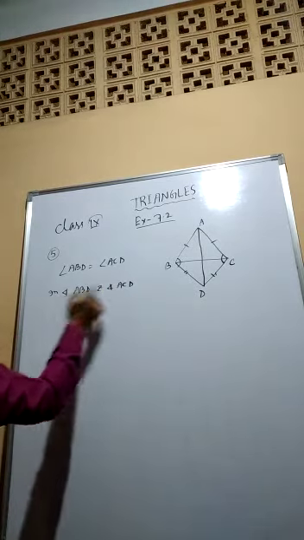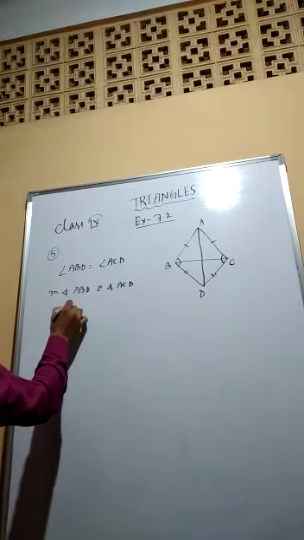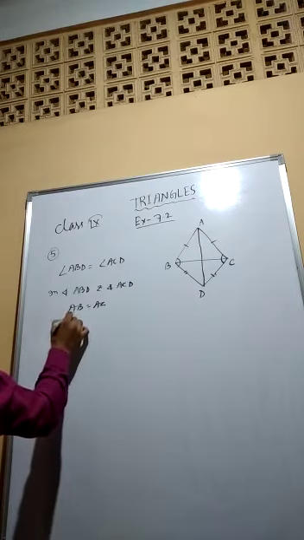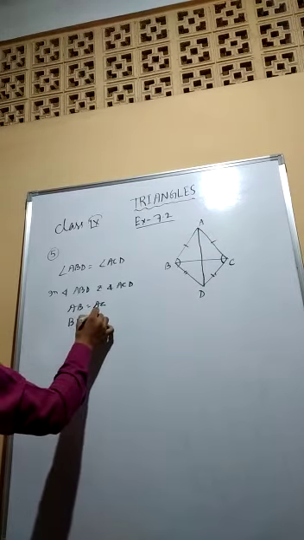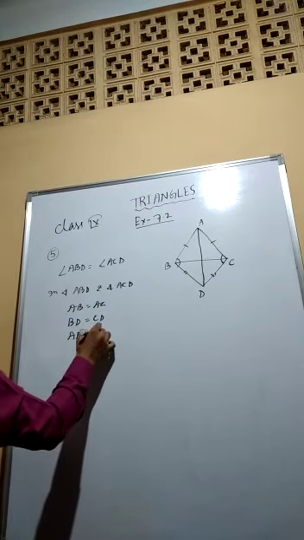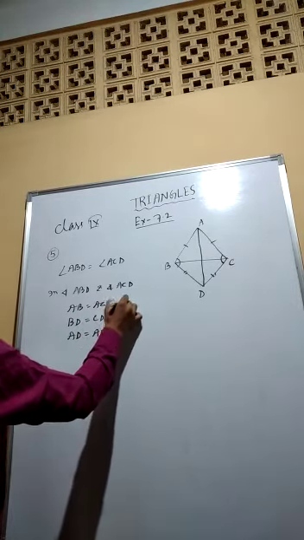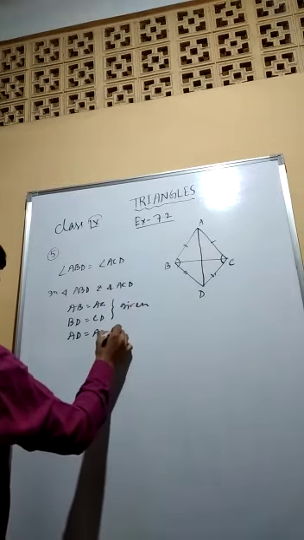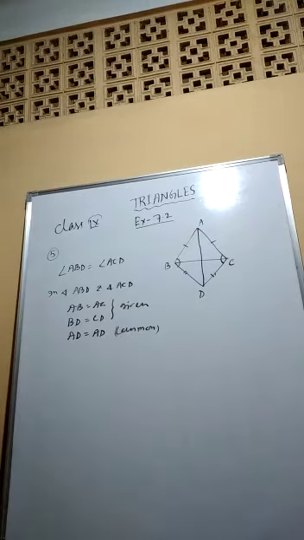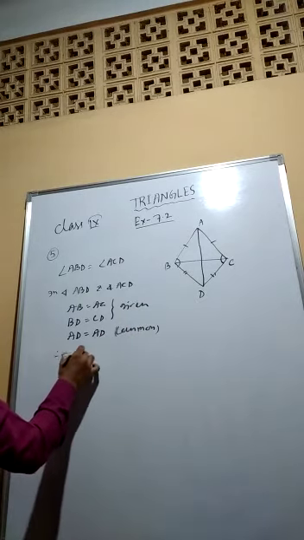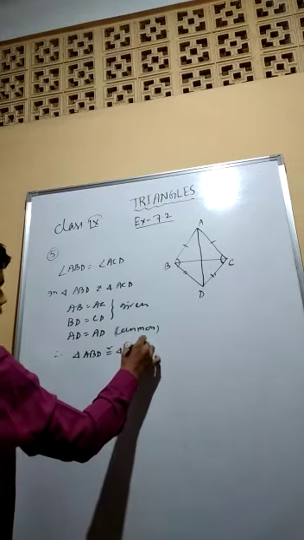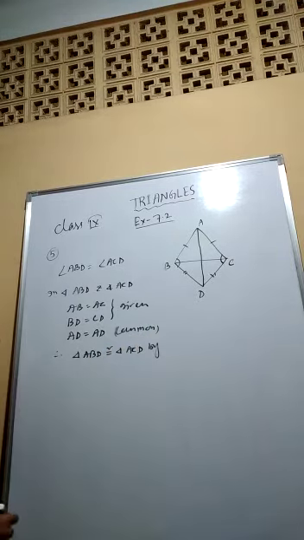You see in these two triangles that AB equals AC and BD equals CD, and these two are given, and AD is a common side.